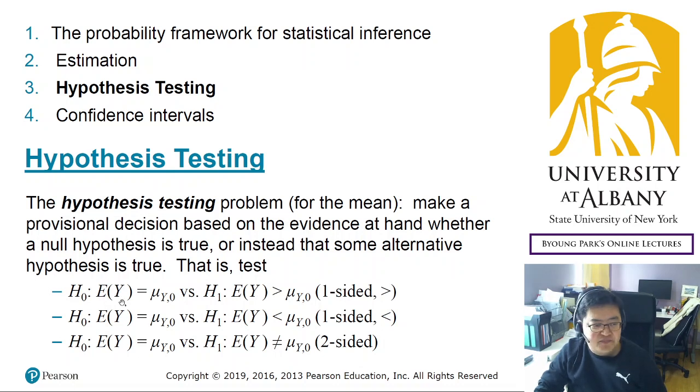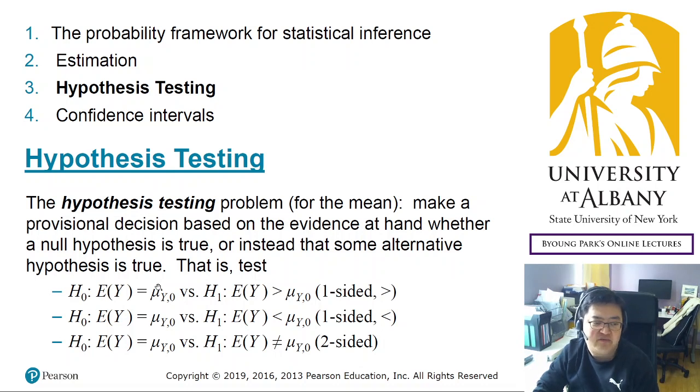You believe that the population mean equals something, mu 0. We add 0 after the subscript because it is your belief. It is not the true value, or it is not from the data. It is just your belief. There is no reason for that. So it is an unfair way.